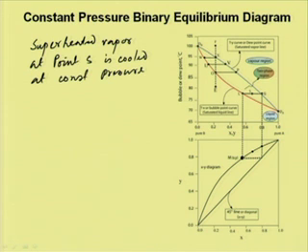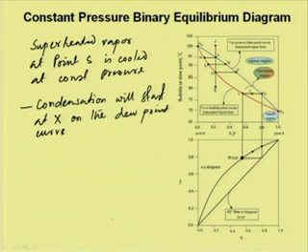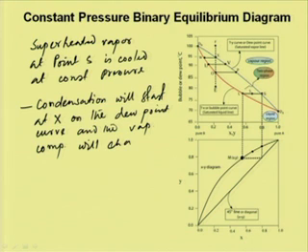It will follow the same path in the reverse direction. For example, condensation will start at X on the dew point curve, and the vapor composition will change along the XP line.